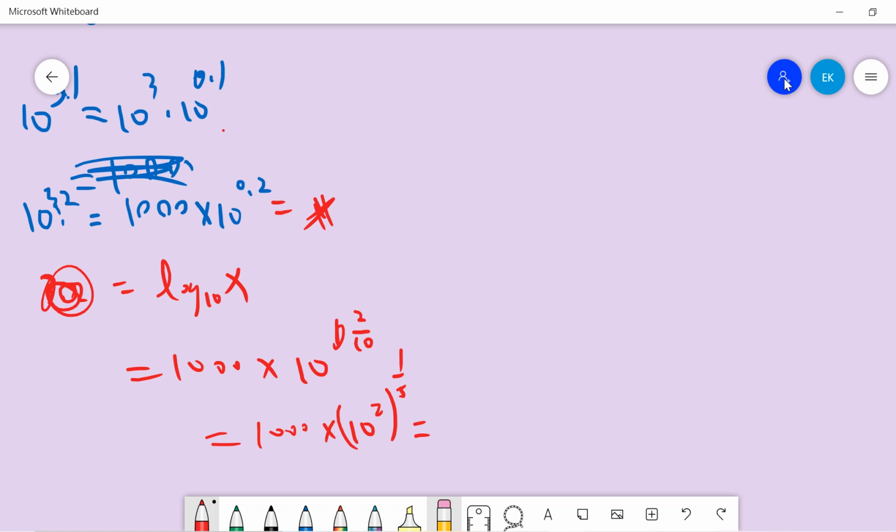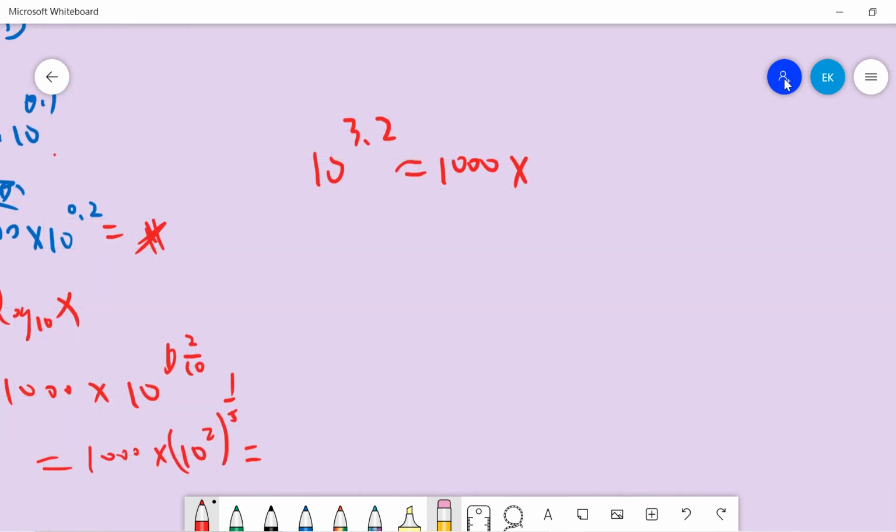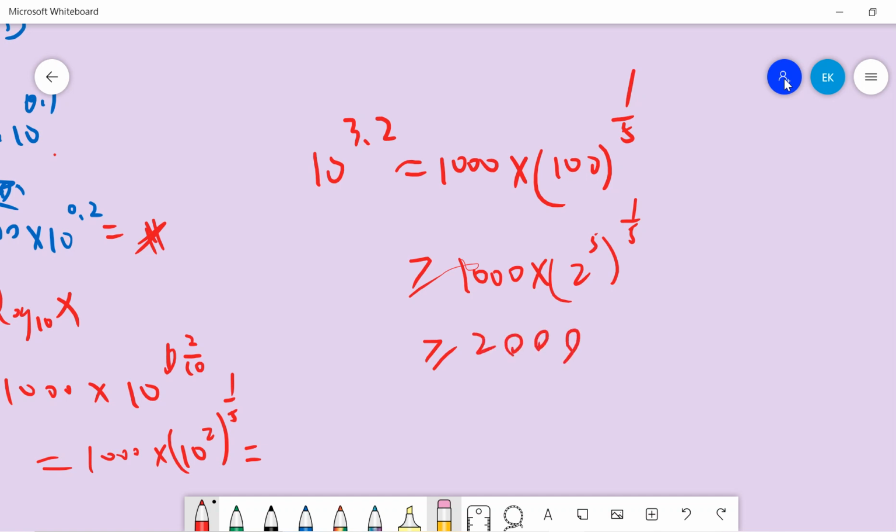Let me see. How about we do this? We can estimate a bound for this. Although it's not easy to get the exact answer, we can still estimate the bound. This is 10 to the 3.2 power, so it must be larger than 1000 times 2, so it must be larger than 2000.